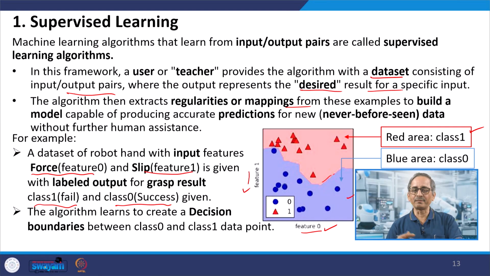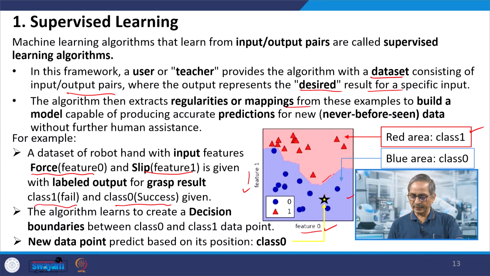So, this way the algorithm can create the decision boundary. And now if new data comes, say here, then we can directly say that this belongs to class 0. This way we can predict based on its position.